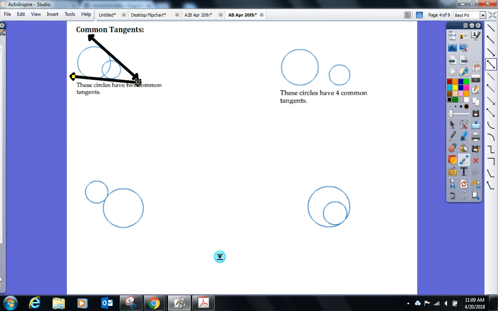All right, the next diagram, now that they're not intersecting, I pulled them apart. I'm saying there's four tangents. Can you find them? Four common tangents. Can you find a single line that intersects both circles in exactly one spot? Can you find all four common tangents?